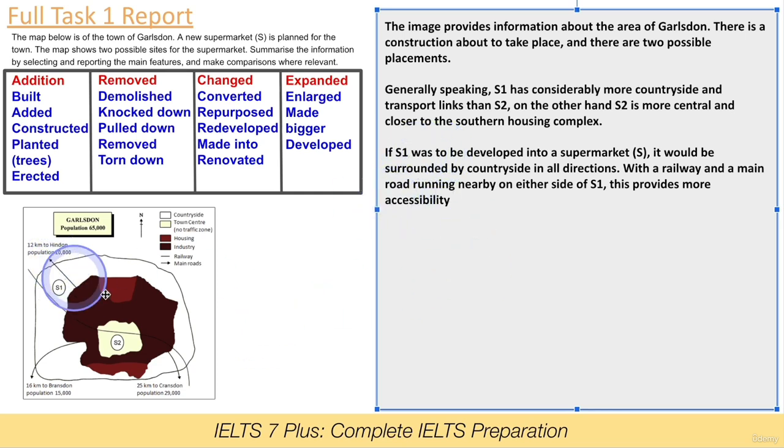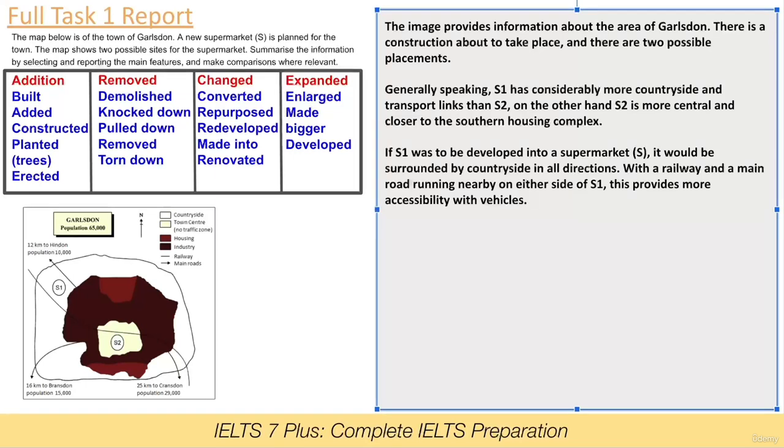That's only relating to the main road. Well, the point still stands because there's no main road by site 2. This provides more accessibility with vehicles, maybe we'll just leave that here.